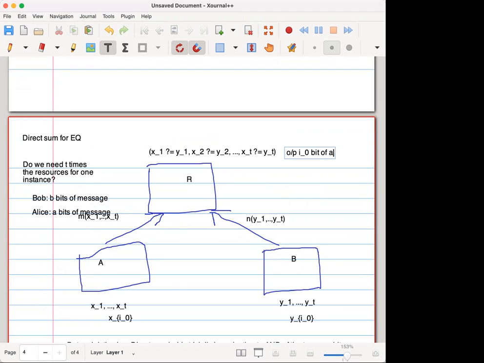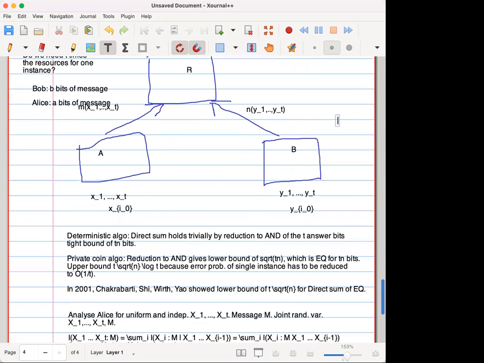Everything else is sampled uniformly at random using Alice's private coins, and those are appended together to create this big bit string that is processed using some clever protocol which we don't know, but which has the following guarantee. What is produced is this M, and that M is what is sent to the referee. This is what is going on. So we don't know how M explicitly depends on it. We only have the mutual information guarantee.